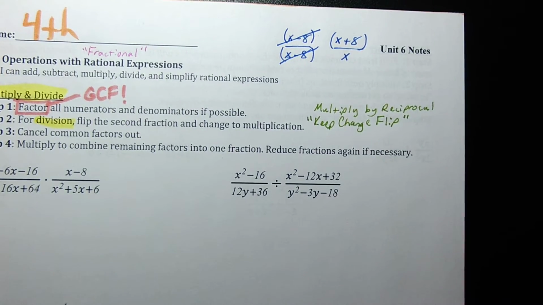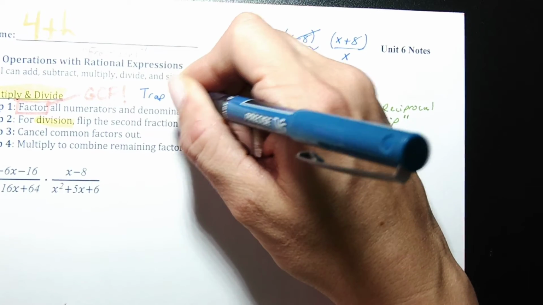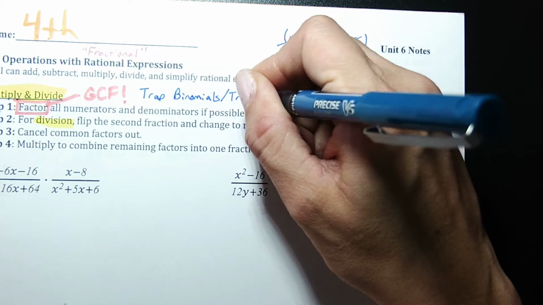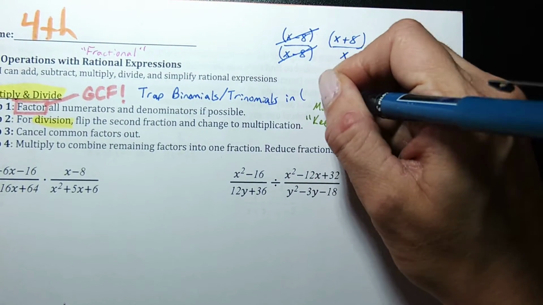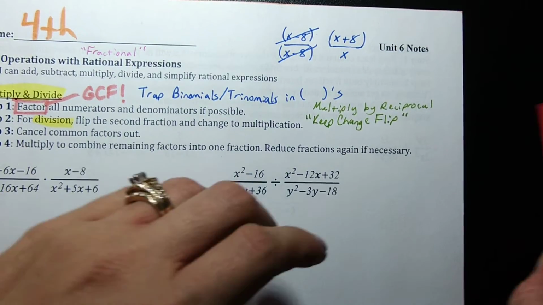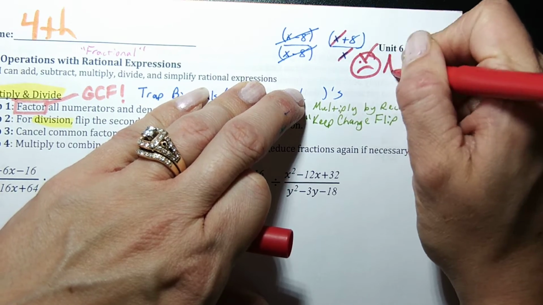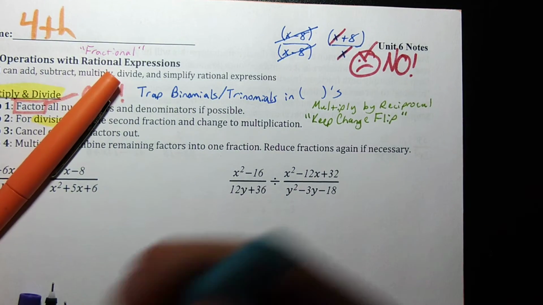So folks, you may want to add that you should trap any binomials or trinomials in parentheses so that you aren't tempted to take out pieces. So doing this, that's a big angry no. Don't do it. So we can only take out an entire factor with another factor. So we cancel common factors out.